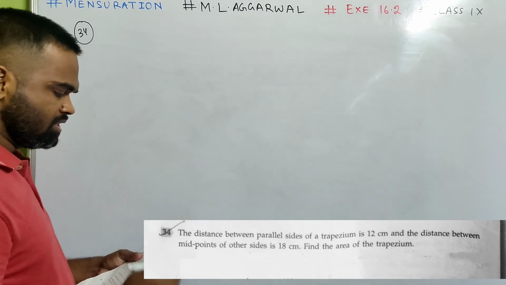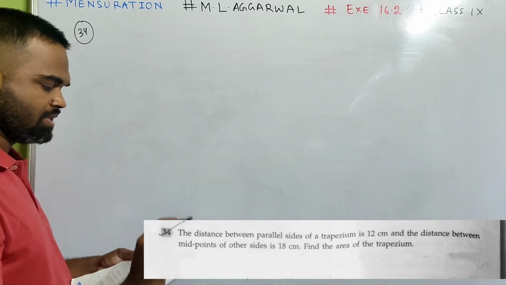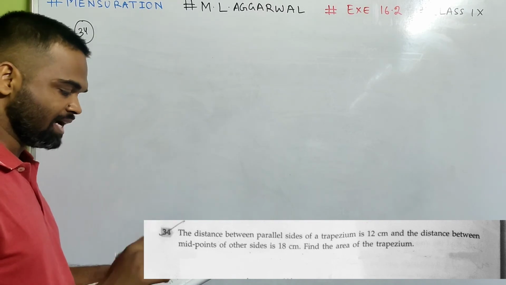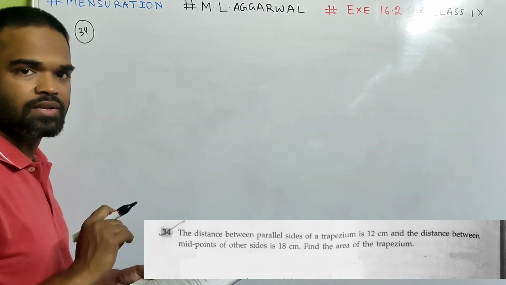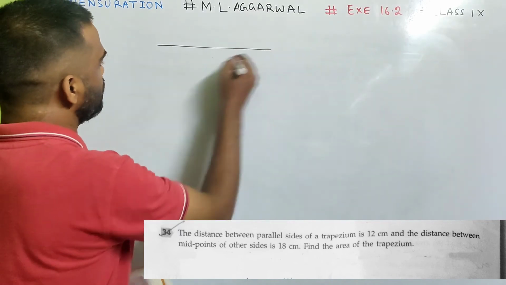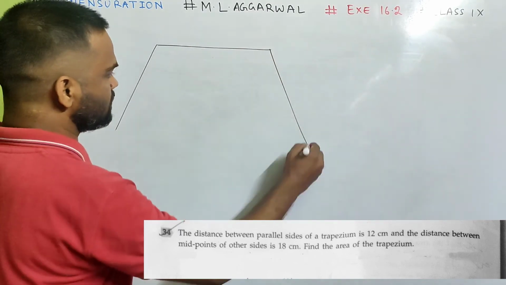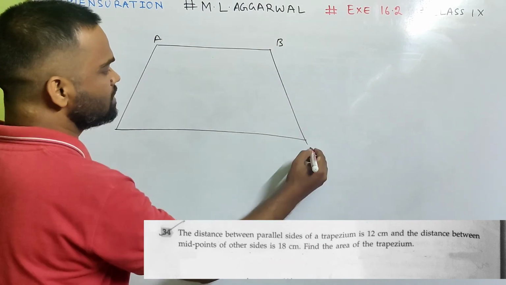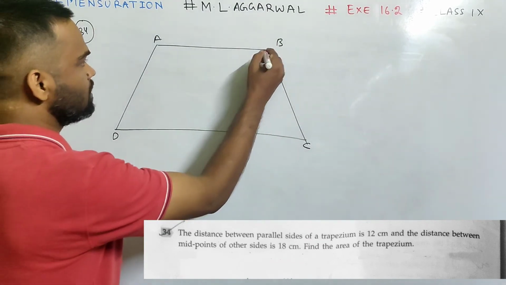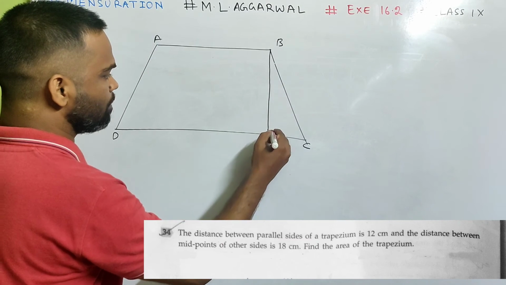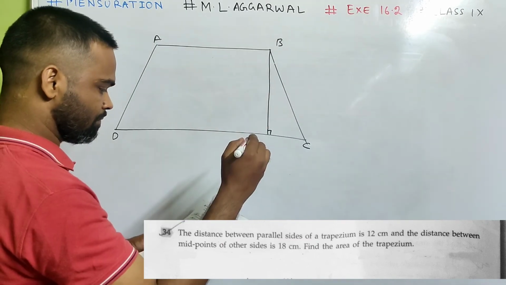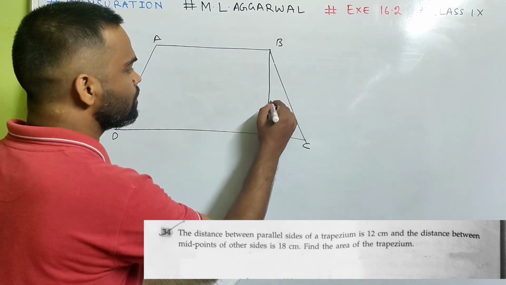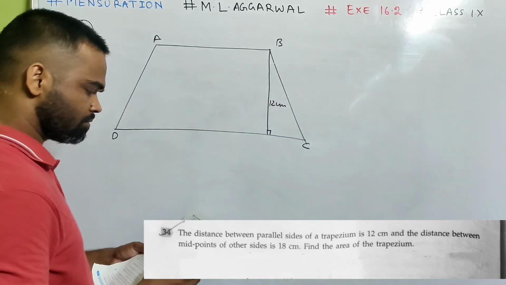Okay, the distance between parallel sides of a trapezium is 12 centimeter and the distance between midpoints of the other sides is 18 centimeter. Find the area of the trapezium. If you draw a trapezium, just look over here. A, B, C, D. The distance between the parallel sides is 12 centimeter.